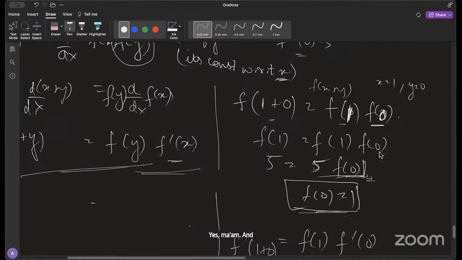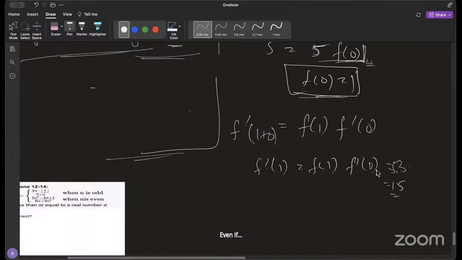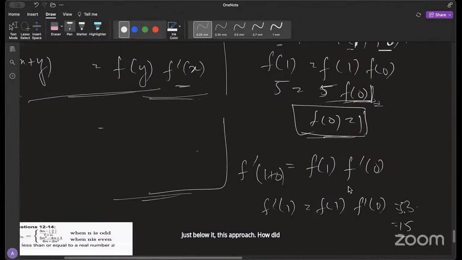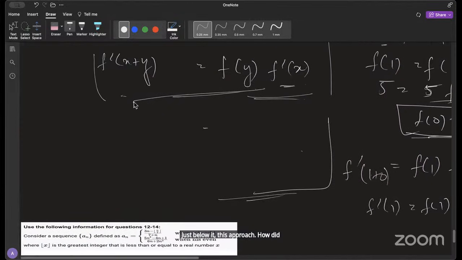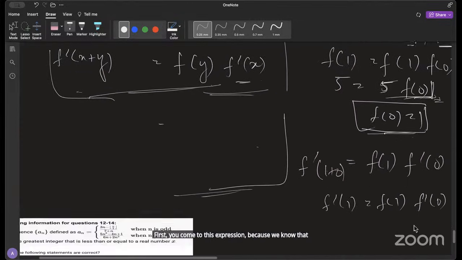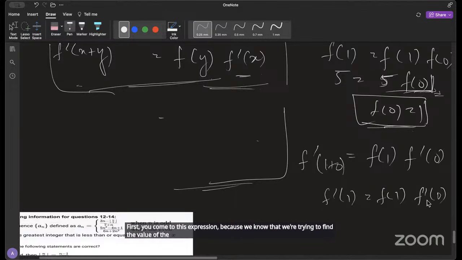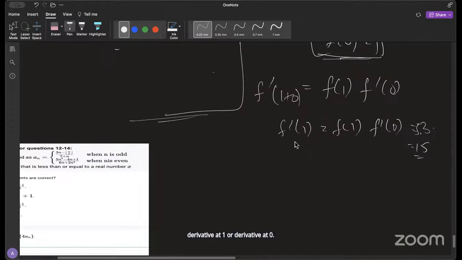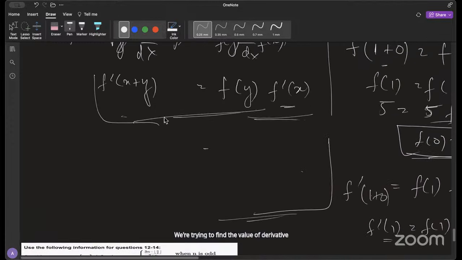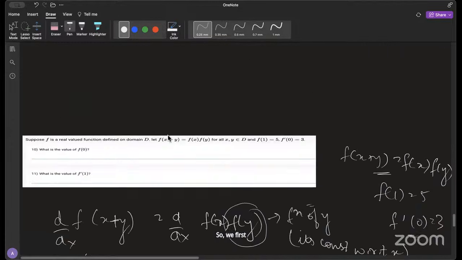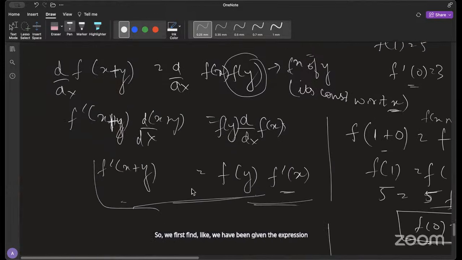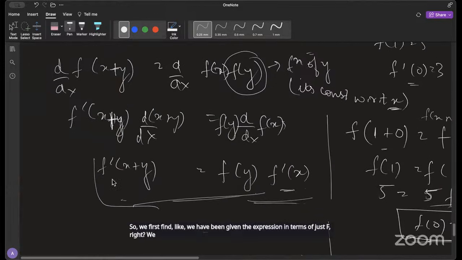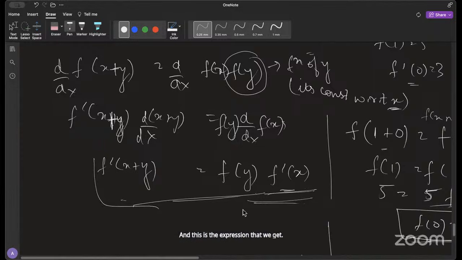And ma'am, just below it, this approach. How did you do that? First you come to this expression because we're trying to find the value of the derivative at 1. We have been given the expression in terms of just f, so we first write it in terms of f dash. And this is the expression that we get.